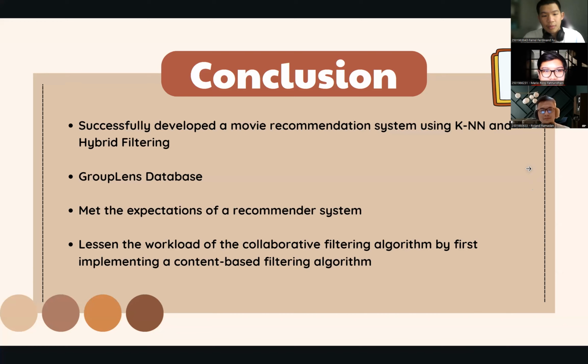Lastly, from the process of developing the system, we have learned that by using a hybrid filtering algorithm, we can lessen the workload of the collaborative filtering algorithm by first implementing a content-based filtering algorithm, in which in this case we first filter the movies by genre, which is content-based filtering, and then only use that filtered data for the collaborative-based filtering.